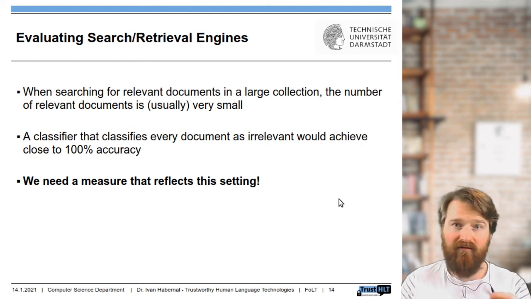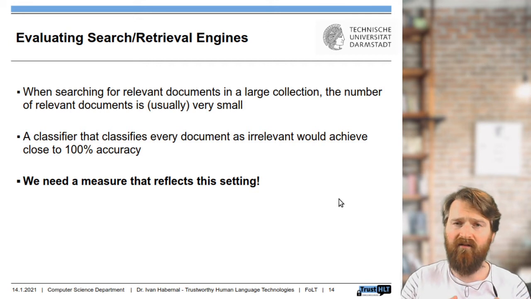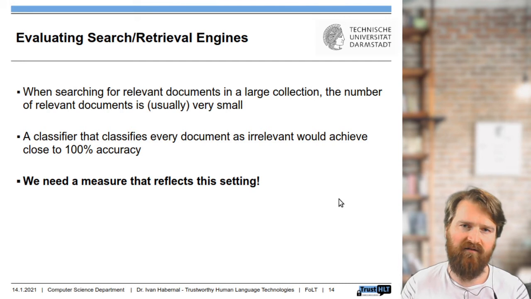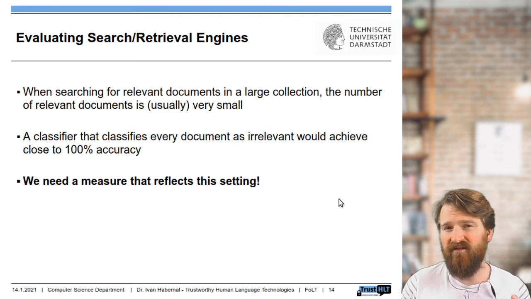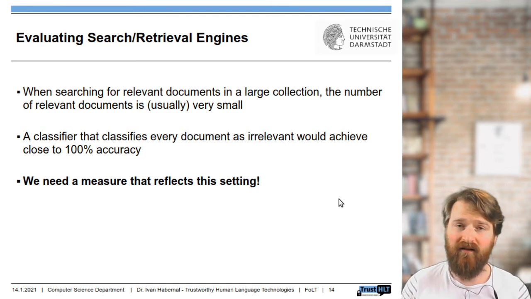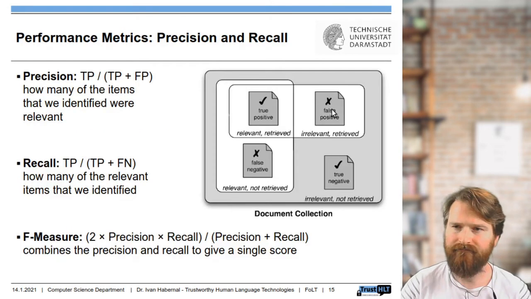And of course, if we have 100 million documents and only 100 documents are relevant, a very small fraction, and the majority is irrelevant, if we have a classifier that says every returned document is irrelevant, we will achieve almost 100% accuracy, because it's true, because of the distribution of the true data. So we need maybe some better metric that takes into account this unbalanced distribution of the data and will tell us something more meaningful about the actual performance of the classifier.